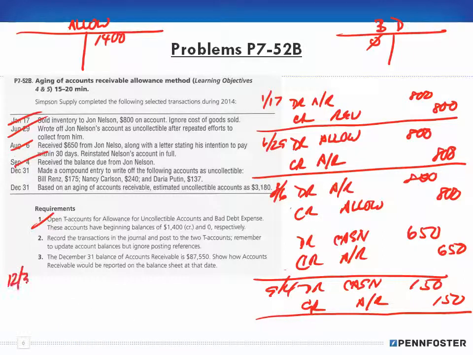On 12/31 we would debit our allowance account for the $552. Remember, in the previous accounting periods we already wrote off to bad debt. So when we're actually writing off the accounts receivable, we don't write off to bad debt. We write it off to the allowance account, and then we credit the accounts receivable for each one of those.